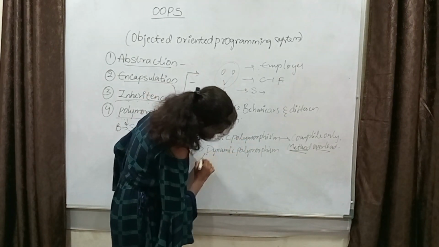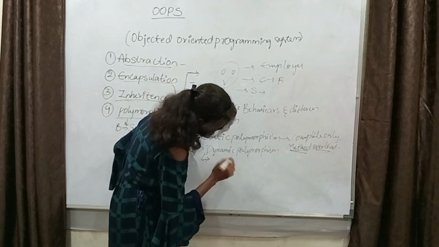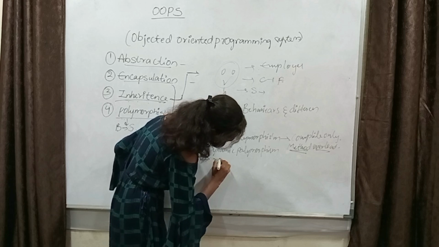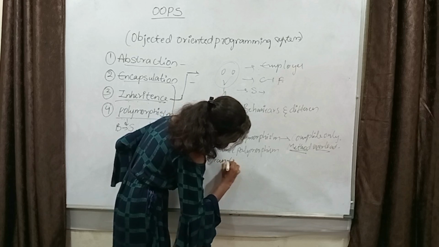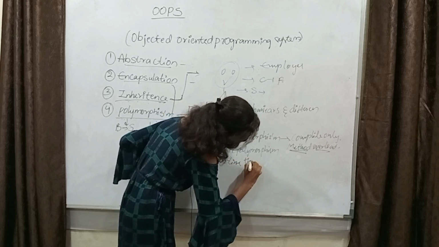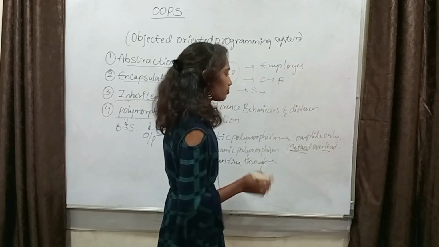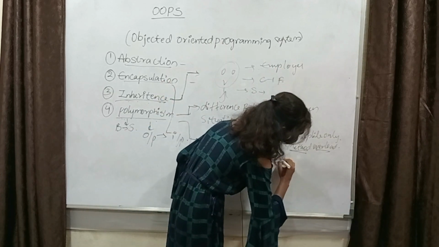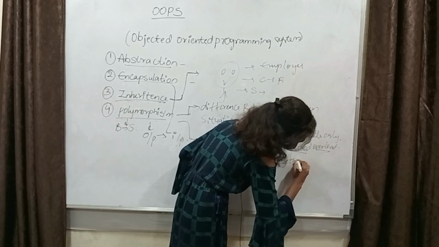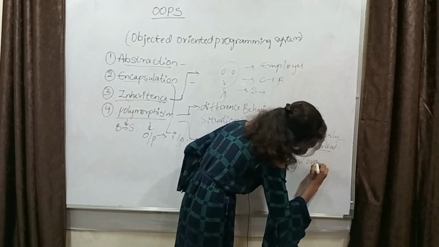And dynamic polymorphism is done at runtime through method overriding.